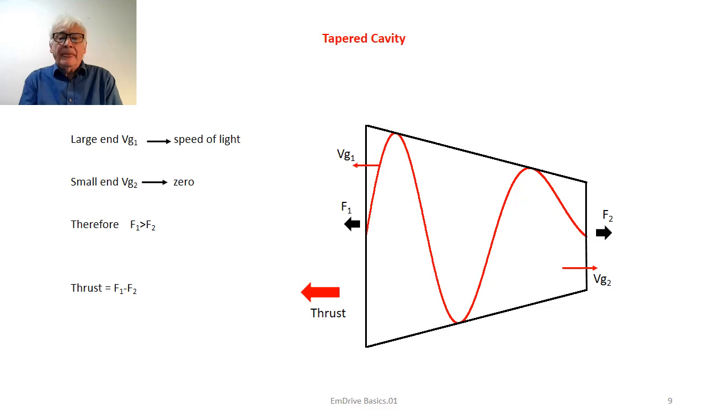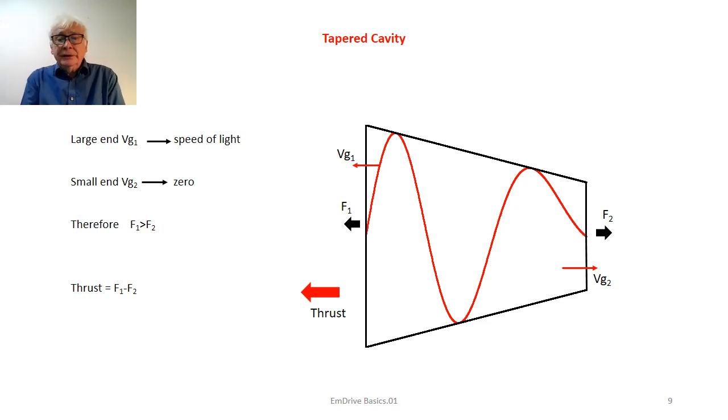And this diagram is actually taken from a design, a mathematical design of a cavity. And if you look at the guide wavelength, you can see that as it moves from the large end to the small end, it starts to increase. And as you get towards the small end, you can see that the actual wave itself is starting to flatten out.